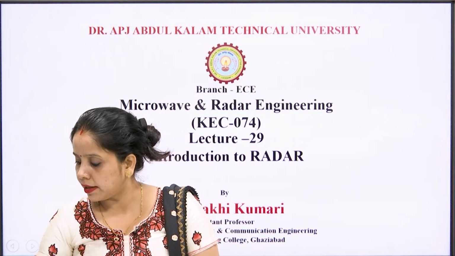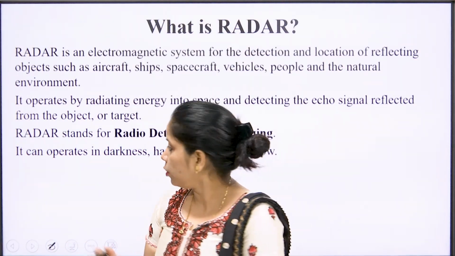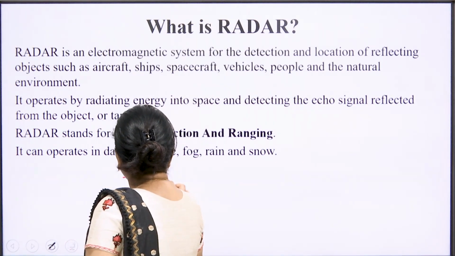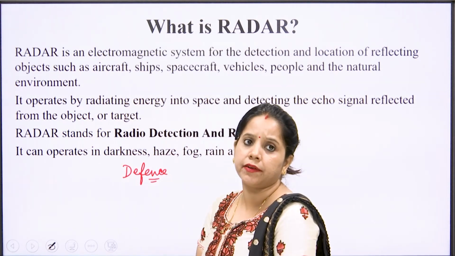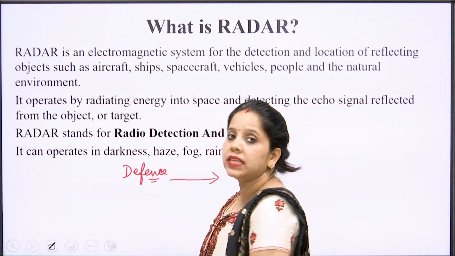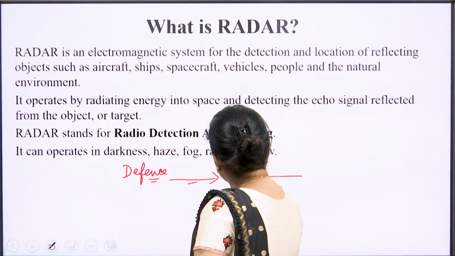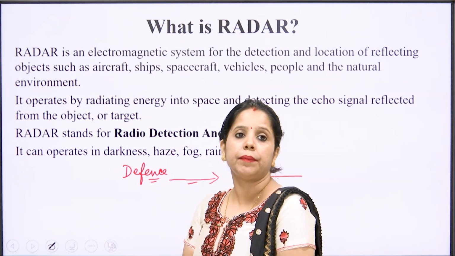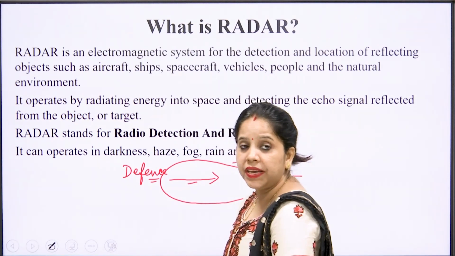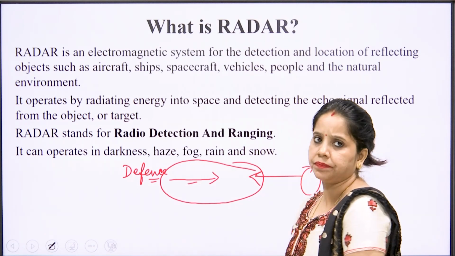In general, whatever it is, its basic functions lie in the defense, and whenever we say radar, it means it is giving the signal, and it should also have the capability of receiving the signal, and on the basis of the received signal it detects the target.